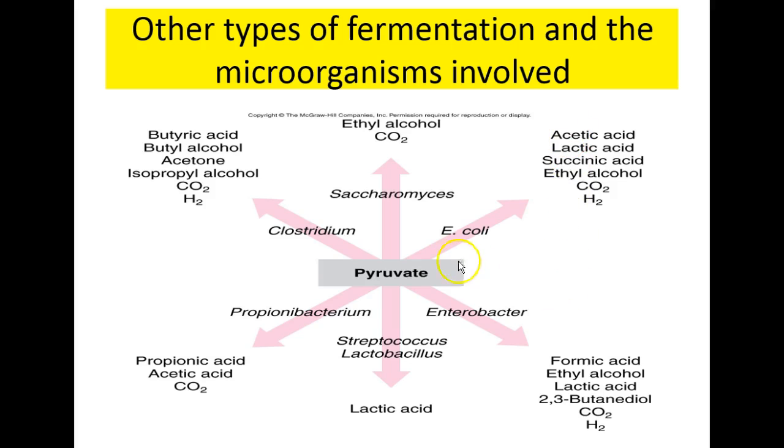For example, both E. coli and Enterobacter are gram-negative rods belonging to the same family, the Enterobacteriaceae family. They are both lactose and glucose fermenters. The difference between them is that E. coli fermentation produces a mixture of acids, whereas Enterobacter fermentation produces a mixture of acids plus alcohols.